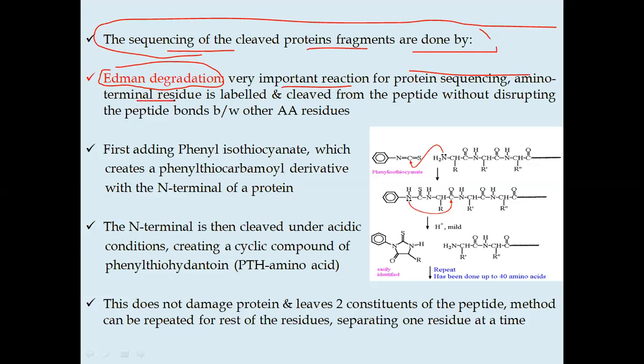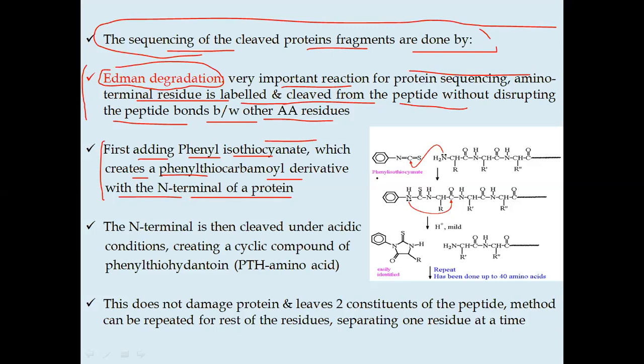Here the amino terminal residue is labeled with a specific reagent and cleaved from the peptide without disrupting the peptide bonds between the other amino acid residues. The first step is adding phenyl isothiocyanate, which creates a phenyl thiocarbamyl derivative with the N terminal of the protein.